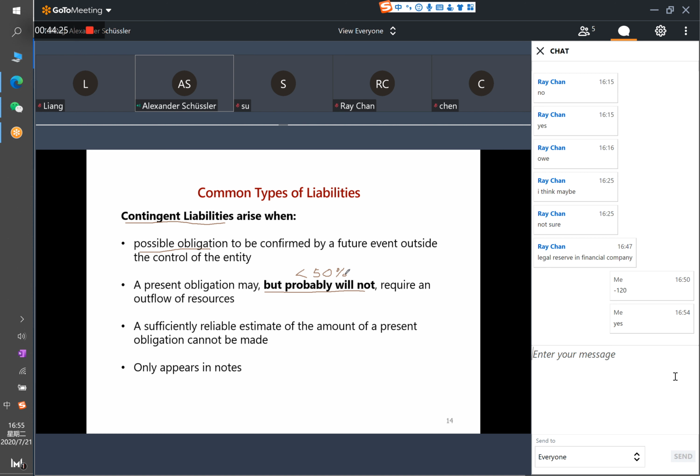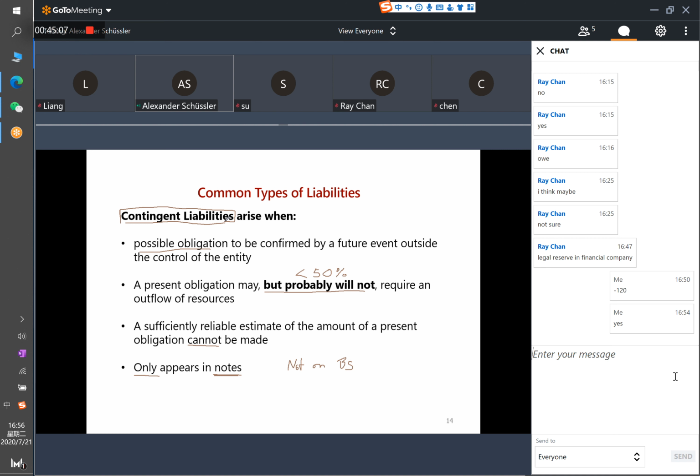Also, a sufficiently reliable estimate of the amount of a present obligation cannot be made. Therefore it's not really reliable. It's unlikely, and you cannot make a reliable estimate, and that's why it only appears in the notes, not on the balance sheet. The notes are there to explain.